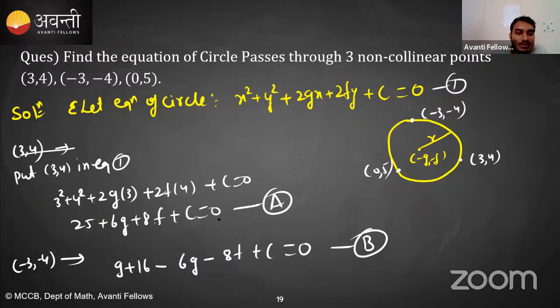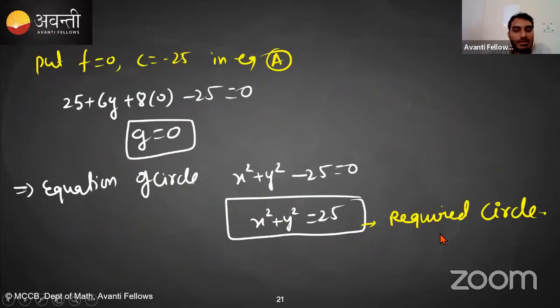On putting the 3 points on the circle, we got 3 equations A, B and C. On solving A, B, C, we get f, g and c, and hence we got the circle. Is this clear? How many have doubt regarding this question? Raise your hand. All clear, right?